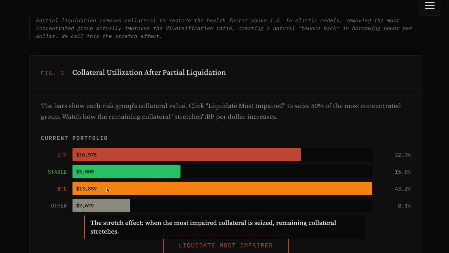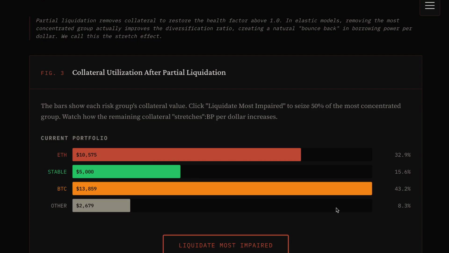Look at our BTC bar here at 43.2%. That is the most concentrated here. This bar shows each risk group's collateral value, and as you can see, the collateral value of BTC is the most concentrated position at 43%.